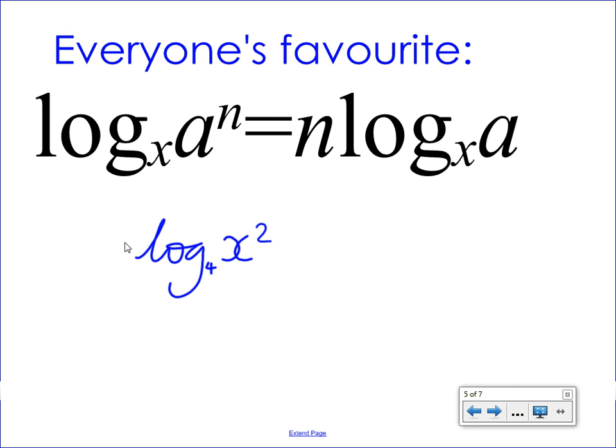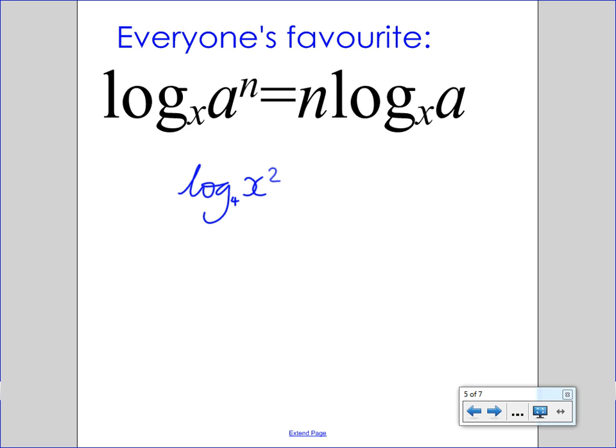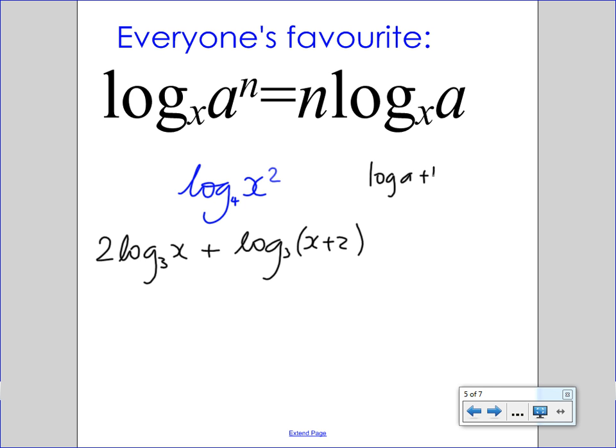So it's a nice little rule, and it's useful, for example, if we had 2 log to base 3 of x, plus log to base 3 of x plus 2. And we think, oh, that's good. I want to use that rule, log a plus log b is log ab. But the rule doesn't have any numbers there. The rule requires this to just be blank, just to be a 1.